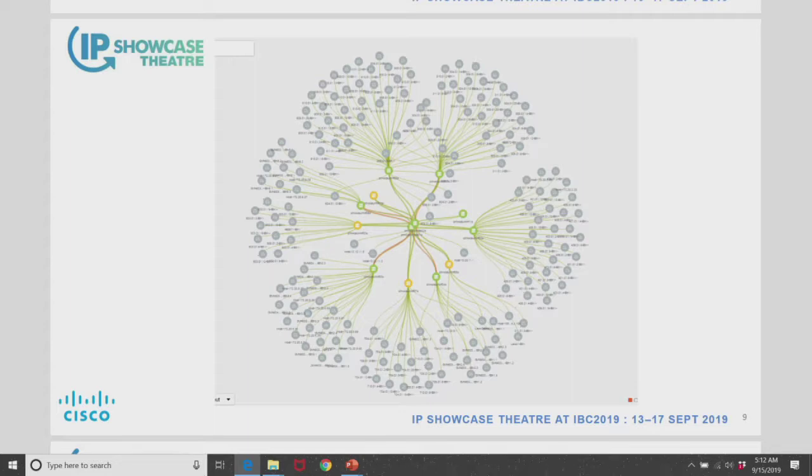All these are leaves, and all these are spines, 2 spines, and you can count how many leaves. One of them is a remote leaf. And all the other gray areas are hosts. So these are the IPGs that are connected, the multi-viewers, they are all showing up here. And this is just an initial view for a broadcast engineer to look at what they need to troubleshoot, and they can zoom in.